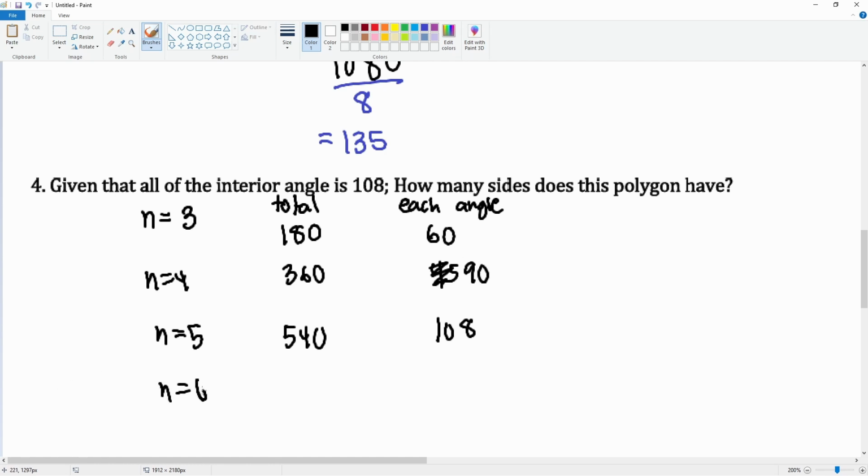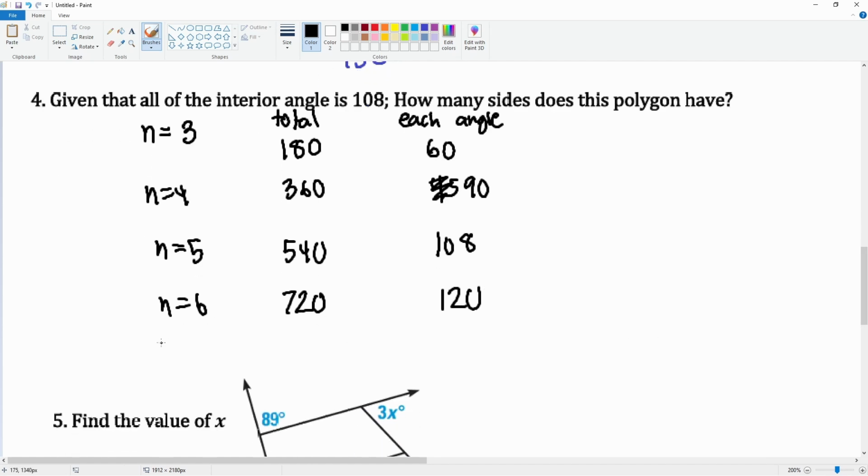Let's go n equals 6. What is the total there? It's 180 times 4, so this becomes 720. 720 divided by 6 gets you 120.